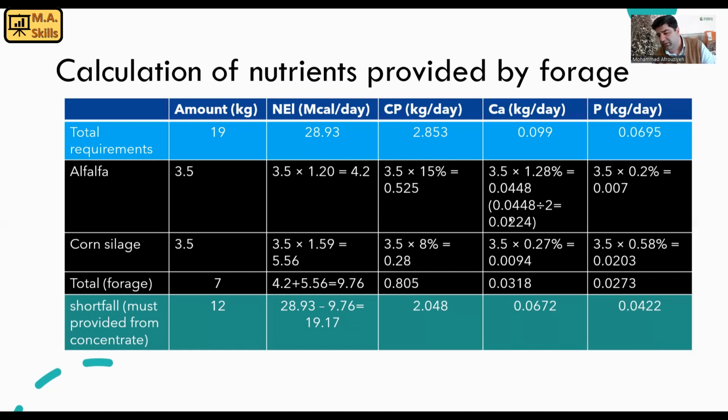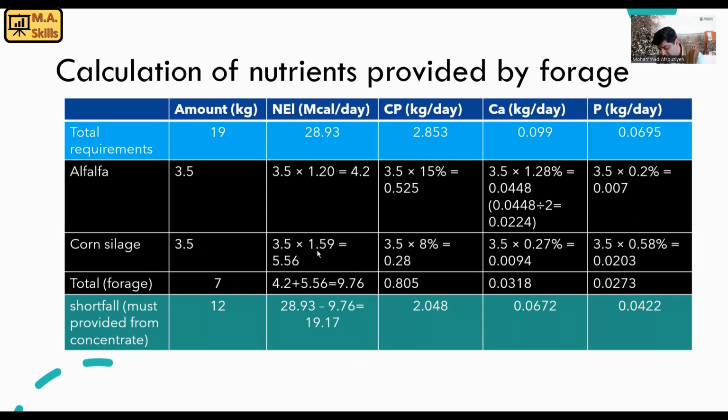That's why the amount of calcium coming from alfalfa actually is 0.0224 kilo per day. So then I'm going to do the same thing for corn silage.